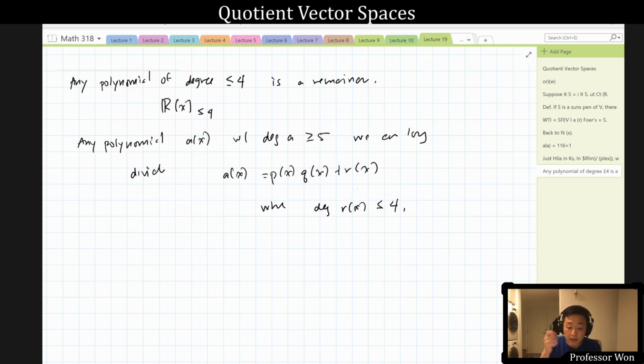In other words, everything in this vector space will be a remainder, and also you can always get a remainder in that vector space. In other words, the space of remainders is exactly the polynomials r of x of degree less than or equal to 4, the possible remainders.